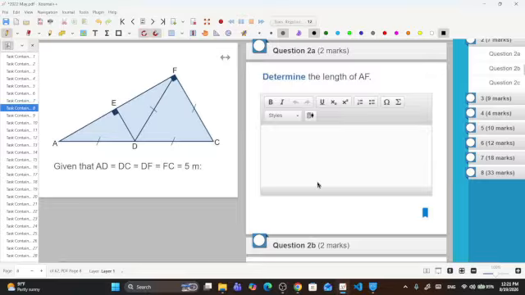Determine the length AF. All right. So the length FC is 5 meters. The length DC is 5 meters. The length AD is 5 meters. So essentially speaking, we have a right angle triangle.